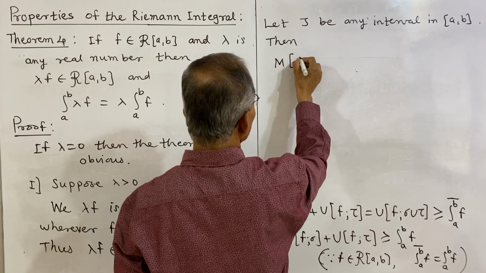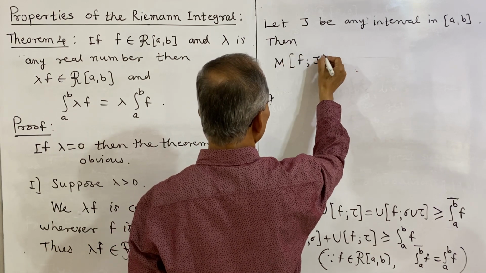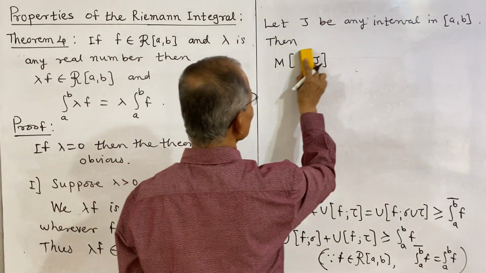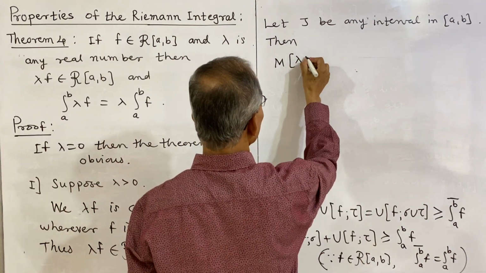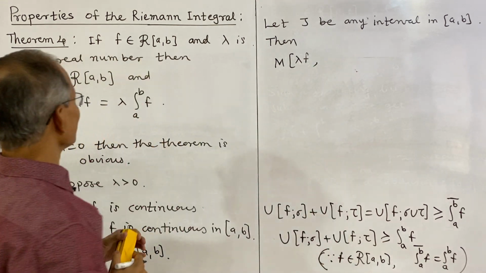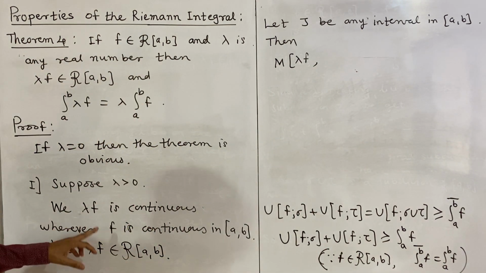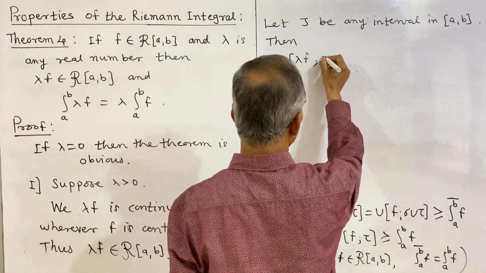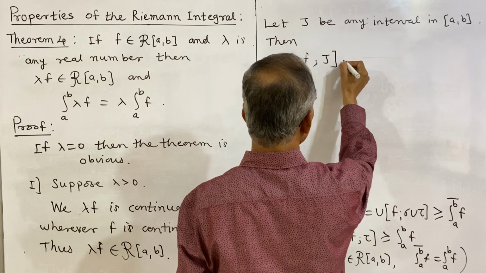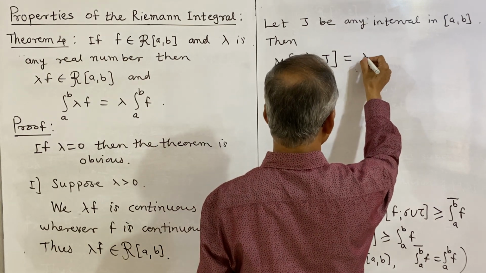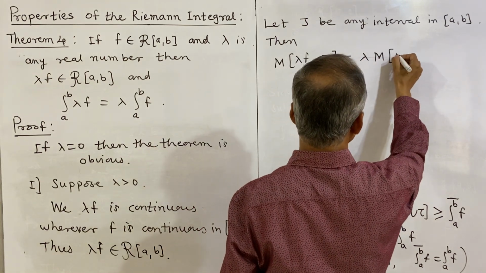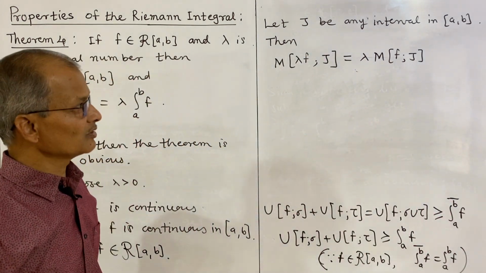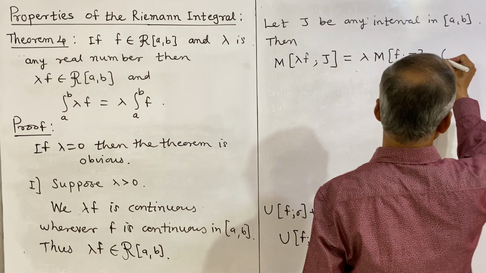First we have shown lambda f is also Riemann integrable. Now we consider the maximum value of lambda f over the interval j, and that will be equal to lambda times the maximum value of f over the interval j. It is easy to verify since lambda is greater than 0.